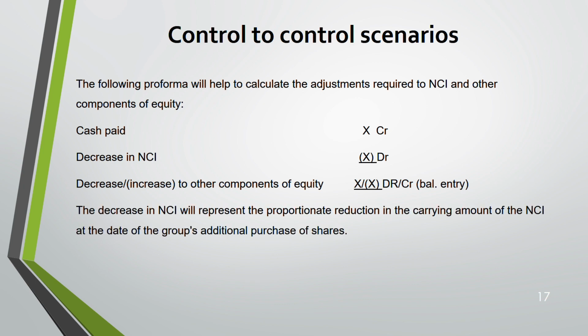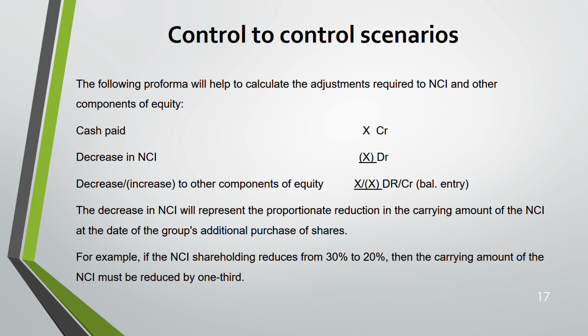Now, the decrease in NCI is a fraction. Decrease in NCI will represent the proportionate reduction in the carrying amount of the NCI at the date of the group's additional purchase of shares. That means how much NCI is reduced as a percentage. For example, if NCI shareholding reduces from 30 to 20, the carrying amount of the NCI must be reduced by 1/3.